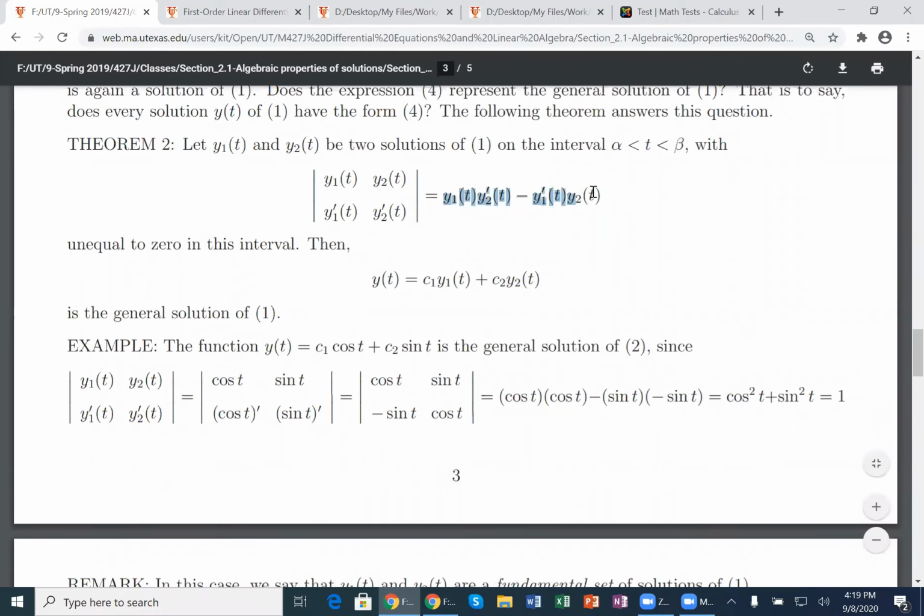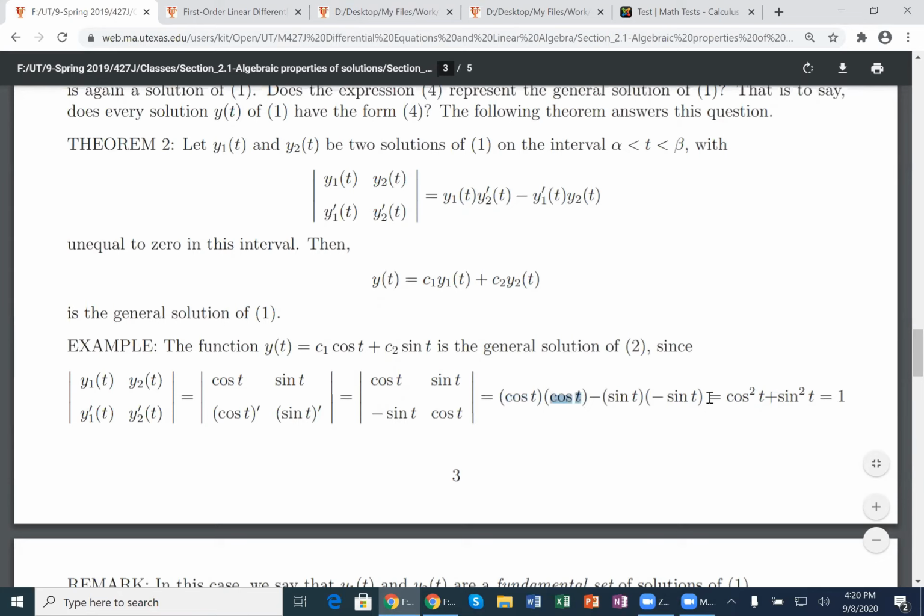Now we apply this formula. Cosine times cosine, it's over here, minus sine times negative sine, it's over here. Minus times minus is plus.